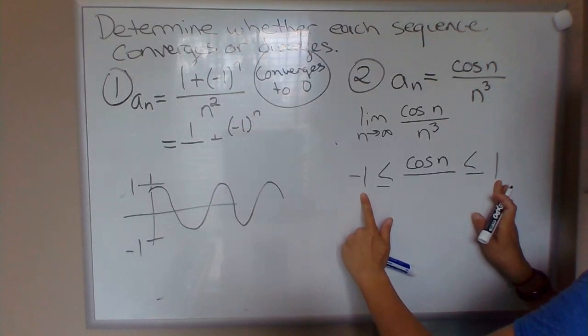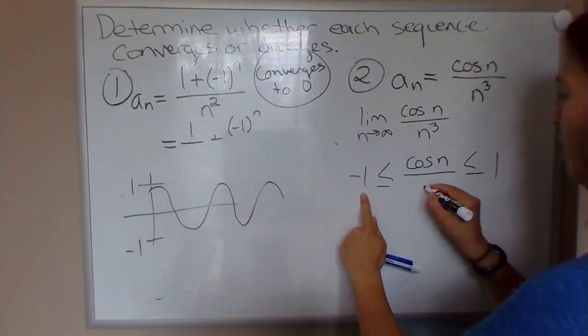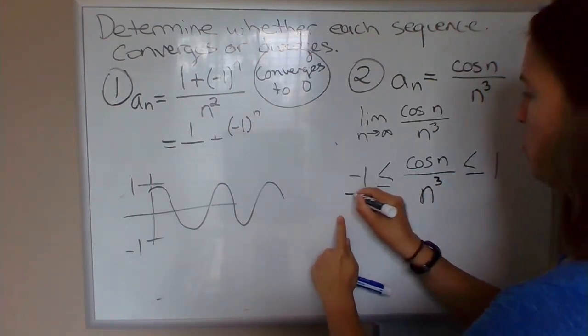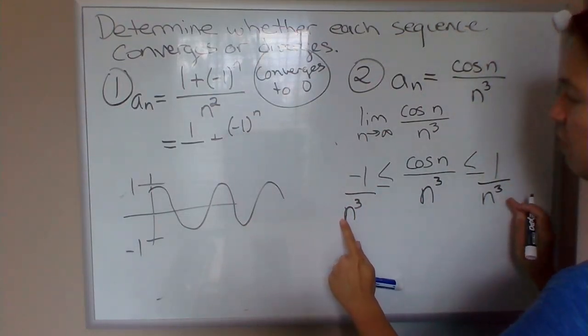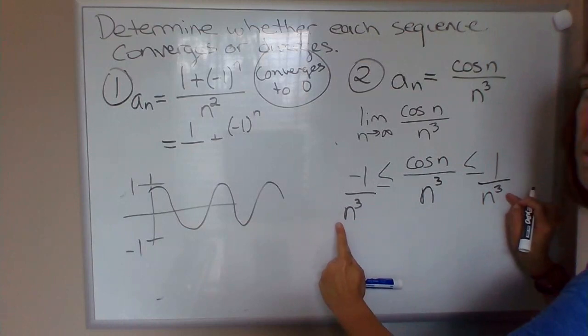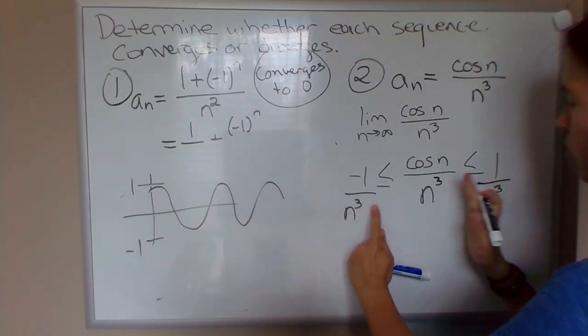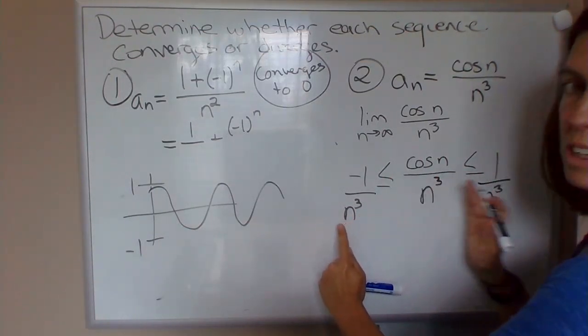So cosine of n I know is between negative 1 and 1. If I want to divide that by n cubed, that's fine. I can just divide across the board by n cubed, keeping in mind that n is definitely a positive integer. So I'm dividing by a positive quantity, and I don't need to reverse the order of the inequality.